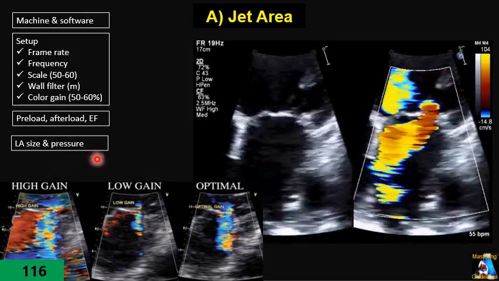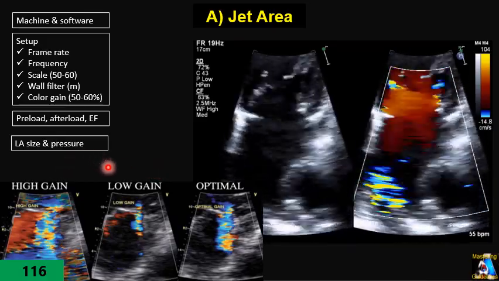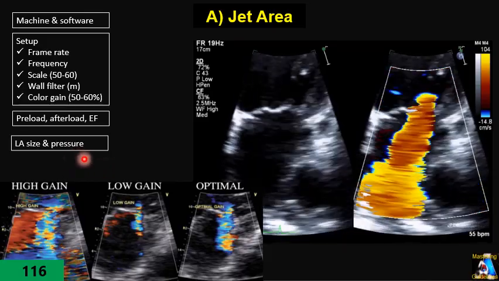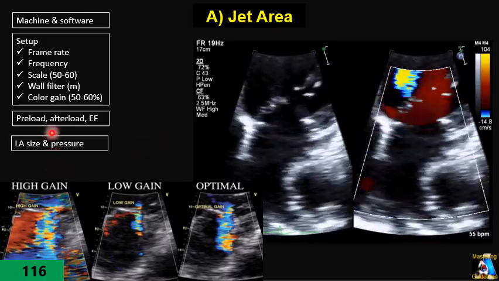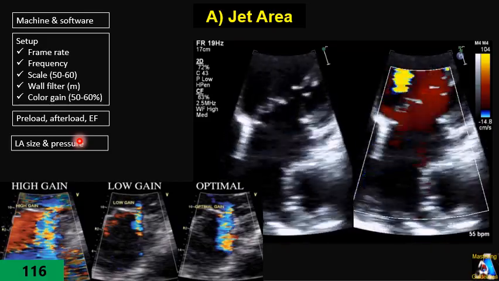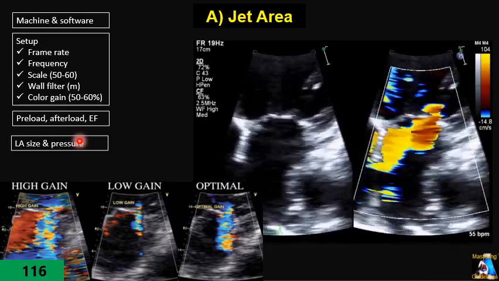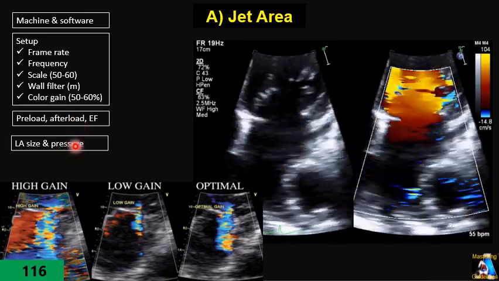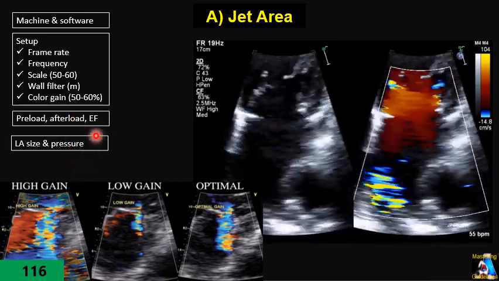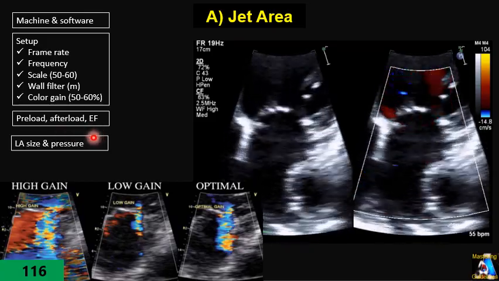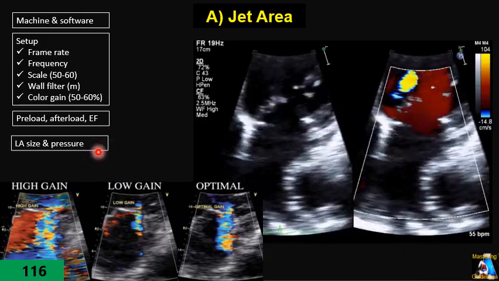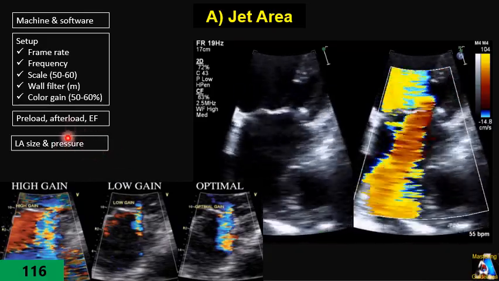In the opposite situation, when we have enlargement of the left atrium in the chronic setting, the jet will correspond more to the real amount of MR. So keep in mind that compliance, LA pressure, LA size, left ventricular function, afterload and preload all affect the jet area.